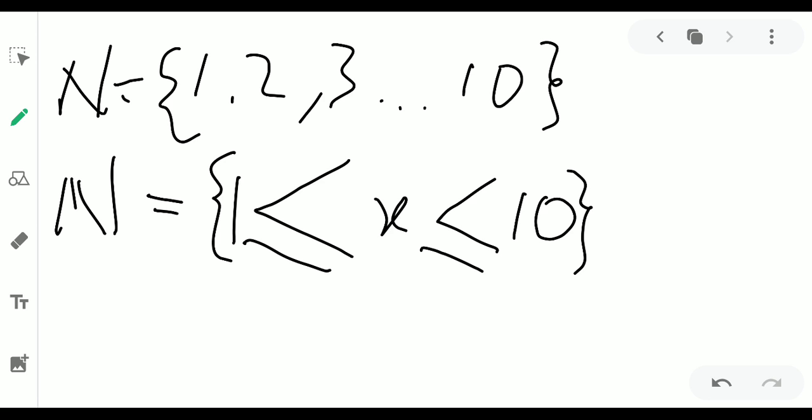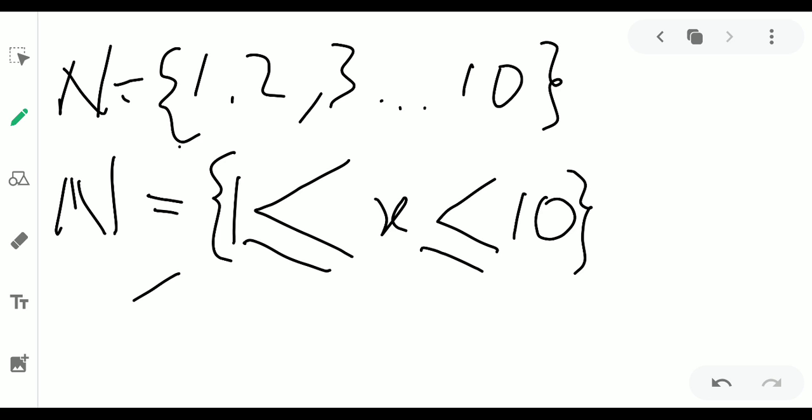I'm going to do this again. Now, this one is a little bit complex, but just look at the numbers there. 1, 2, 3, up to 10. So I'm going to write X. My X is there. But because 1 is part of the set, when I write a 1, it means that equal to must come.